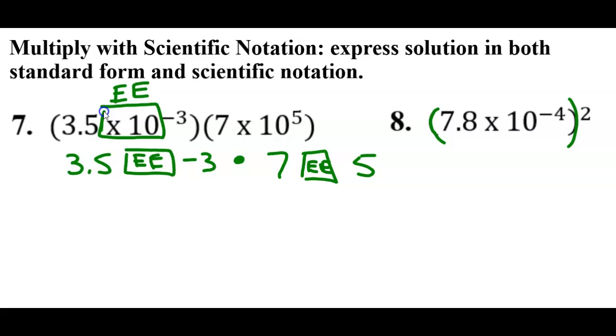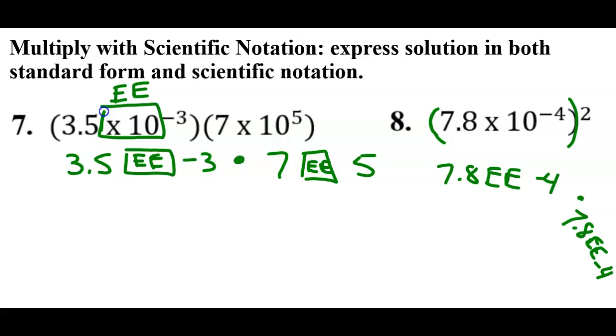If you're squaring this, what are you multiplying this by? 7.8 times 10 to the -4 is multiplied by, if I'm squaring something, I'm going to multiply that by itself, right? So I'm going to do 7.8 EE -4 times 7.8 EE -4, right? Or if you put it all in parentheses, you can just hit the square button and write down your answer.